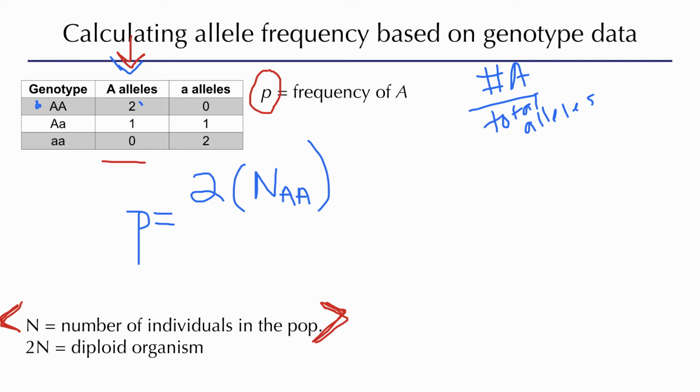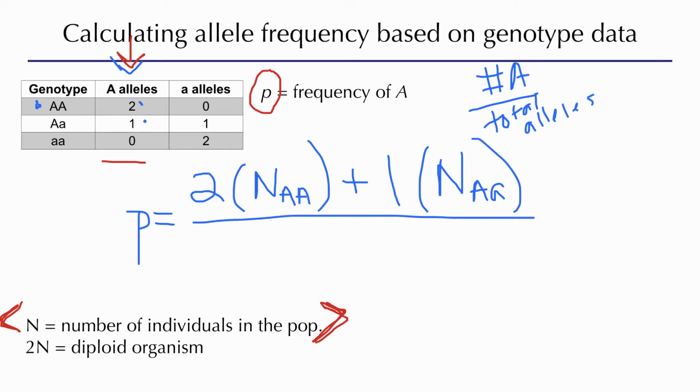But you also get big A alleles from the heterozygotes. Each donates 1, from the total number of heterozygotes. Divided by, it's a diploid population, so every individual donates 2 alleles, whether they're big A or little a. So this equation is what P is. Of course, you can leave out this number 1 here, but I'm going to write it in so that you get an idea of where these numbers are coming from.